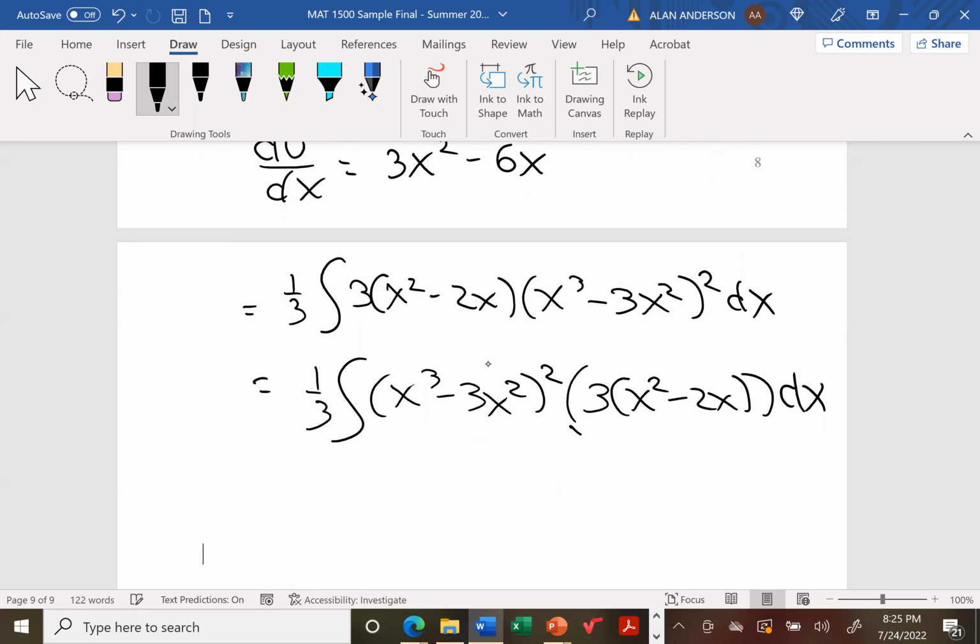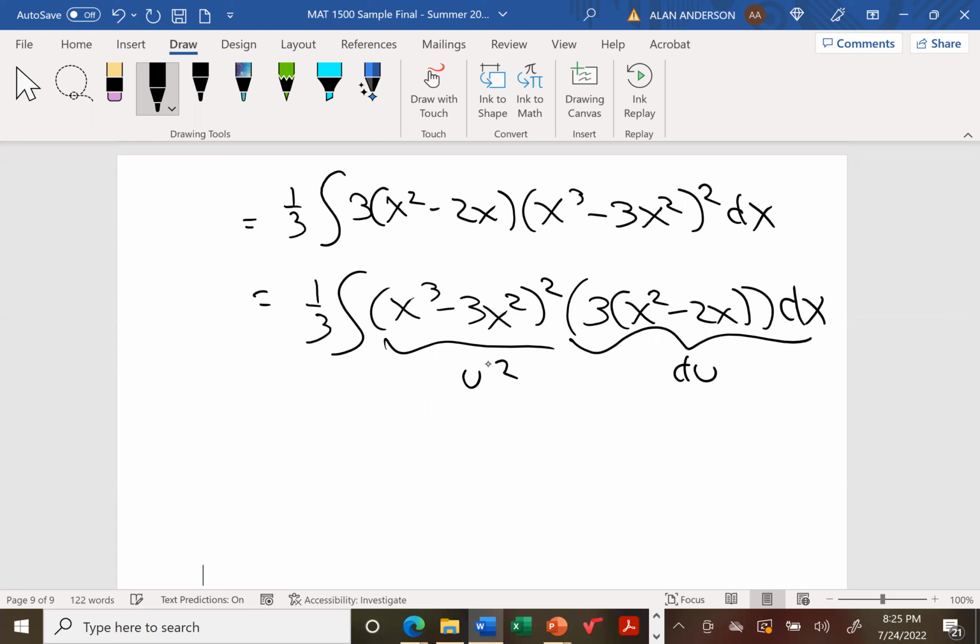And the nice thing about that is that you can see that this is du, this is u squared. So look how easy this is. 1/3 u squared du.